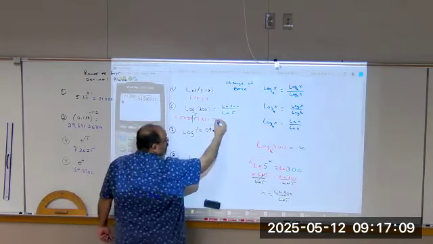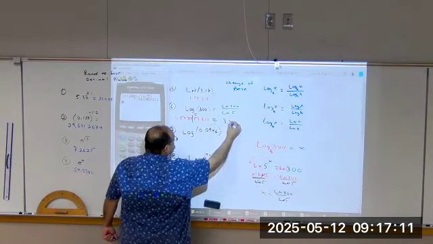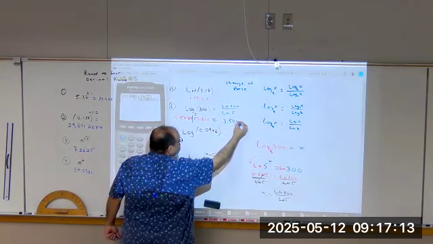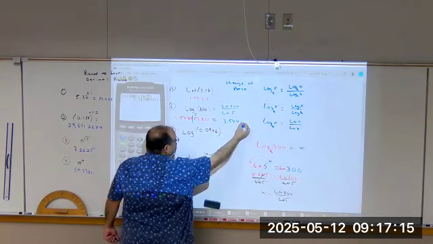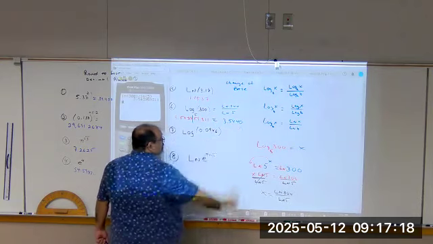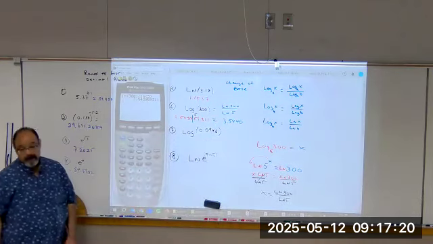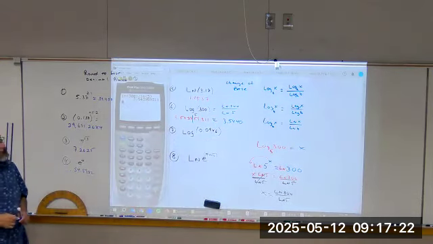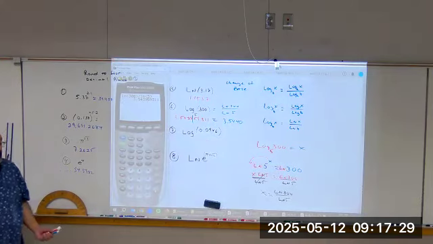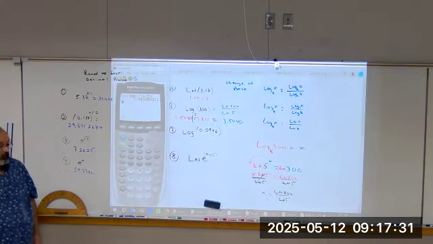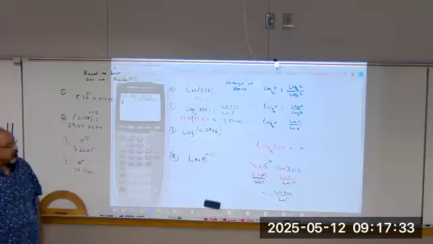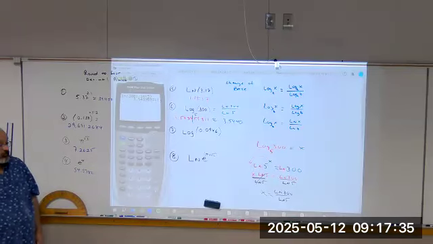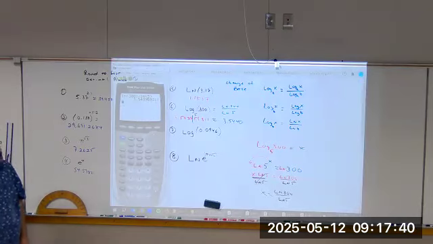So this would be 3.5440. Do I have to put the 0? Yes, because I need 4 decimal places. So you have to rewrite it into a base that you can plug in, and then plug it in.